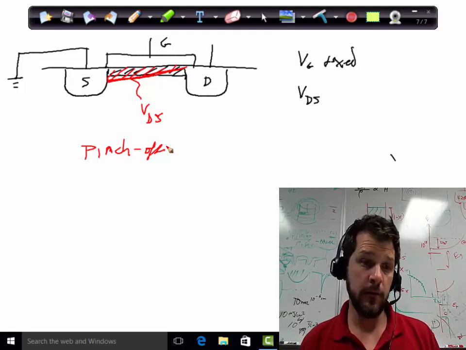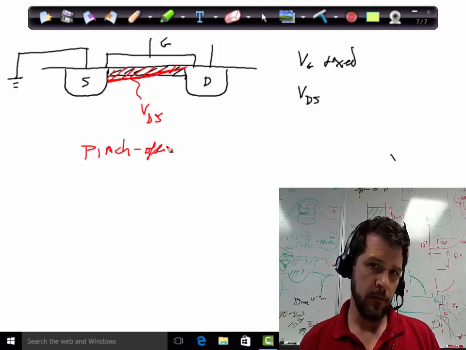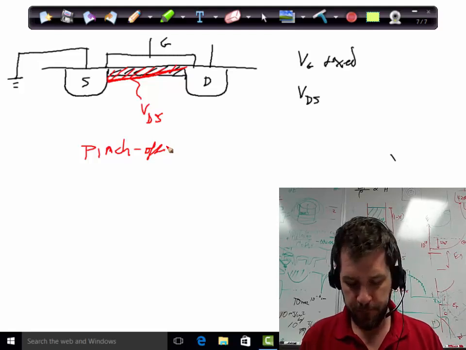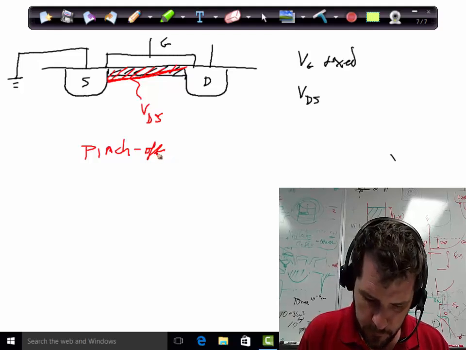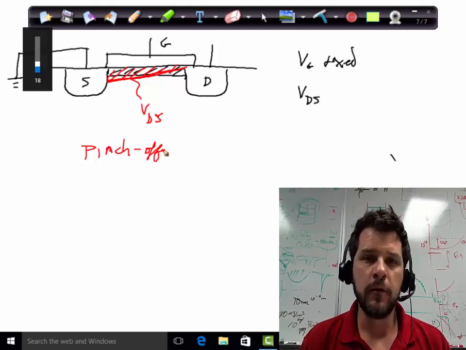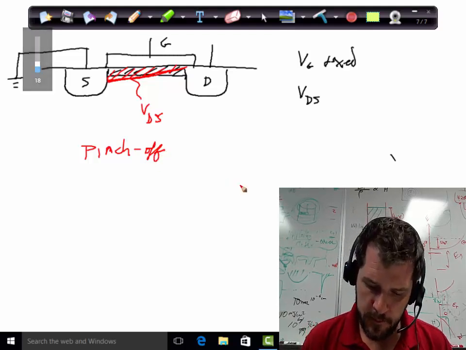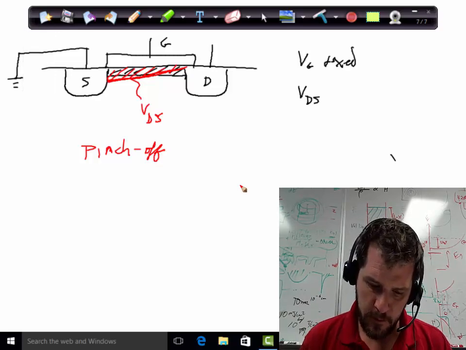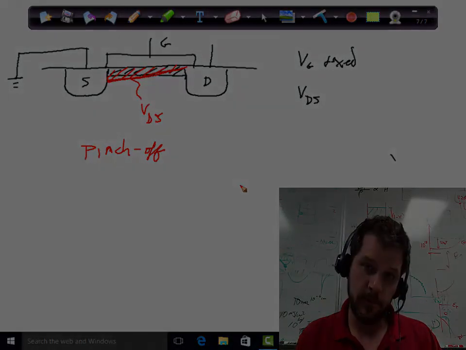the net result is that it no longer really matters to the electrons that you're increasing the source drain voltage.